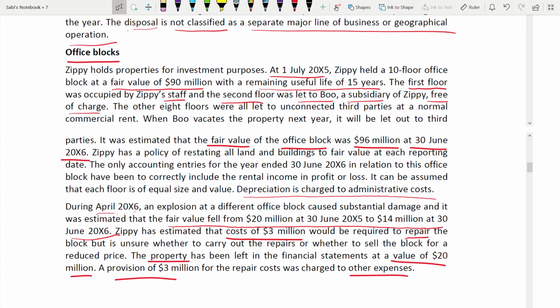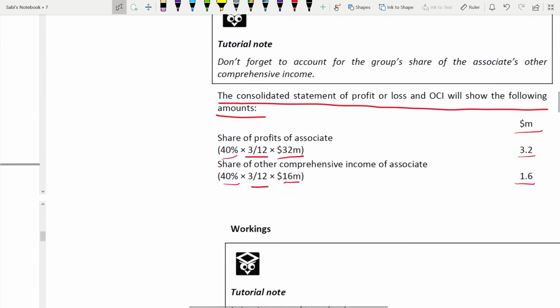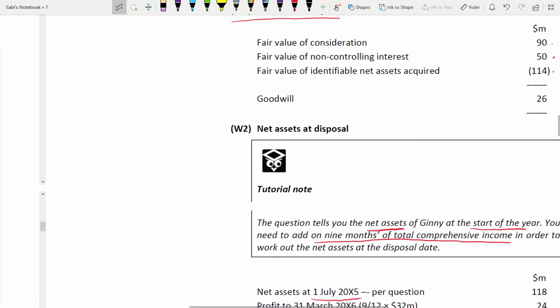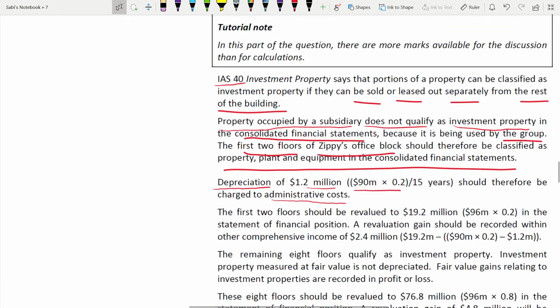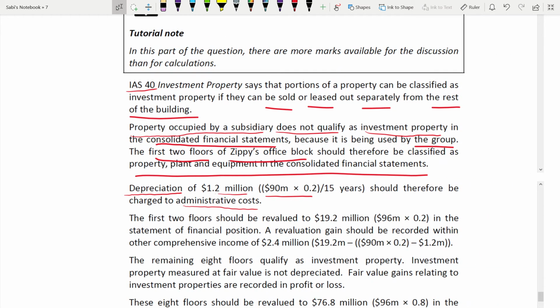For investment property, you don't have to find depreciation. So the 0.2 is simply 2 divided by 10, because out of 10 floors, 2 floors are PPE. So depreciation is 1.2, and it goes in admin cost.